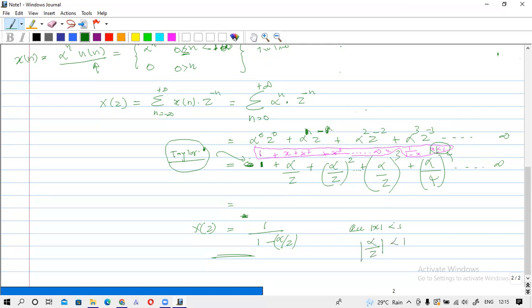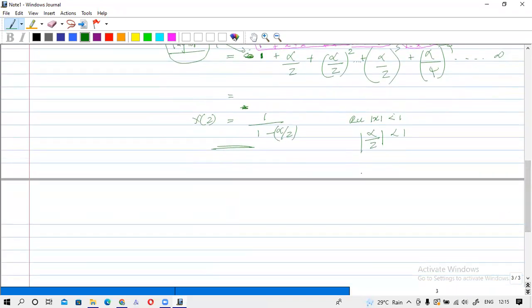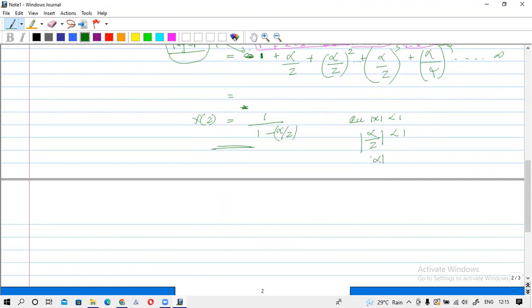Taking the cross product, we can say that the magnitude of alpha should be less than the magnitude of z. So what is the ROC for this? The ROC is magnitude of z greater than magnitude of alpha.